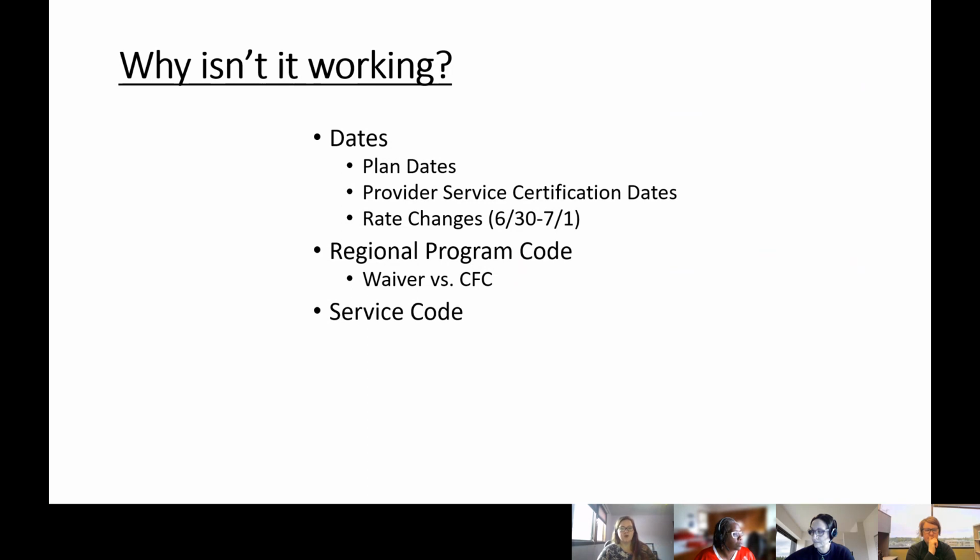The service code. Remember, we're talking about RSL, so the ALH versus the habilitative service, supported living. Because that phrasing is so similar, just be mindful of that area looking for it and trying to decipher between the differences.